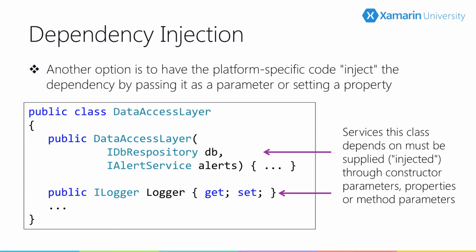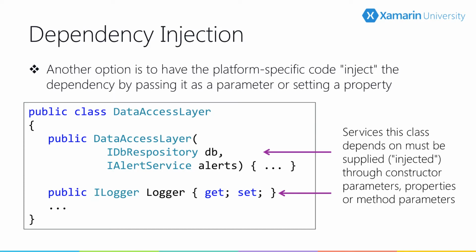Now, instead of hardwiring this data access layer to work on, let's say, a SQLite repository and to use Xamarin Forms in order to present the message boxes, this data access layer has abstractions. It says, I'm going to work with anything that is an IDBRepository. And I can present alerts using something that implements IAlertService.